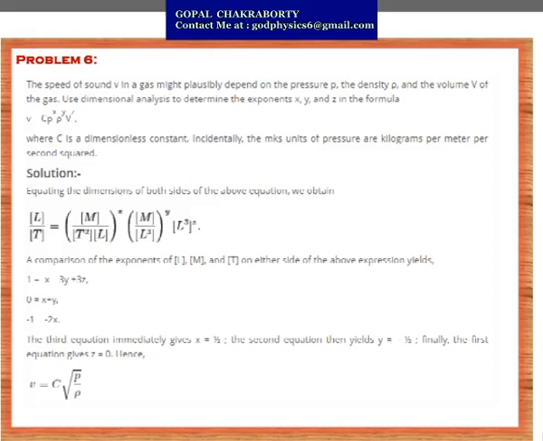The second equation gives y equals minus half, and finally the first equation gives z equals 0. Hence, substituting all these values, we get v equals capital C into root over P by rho.